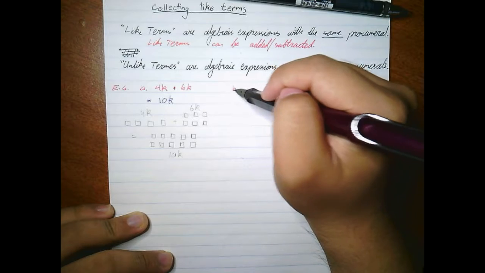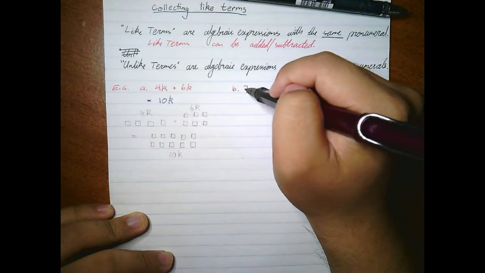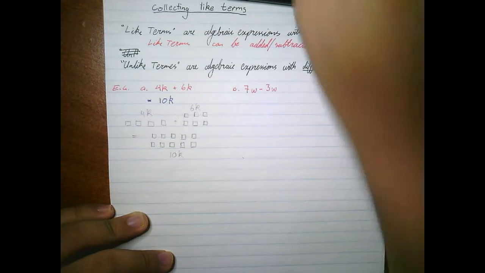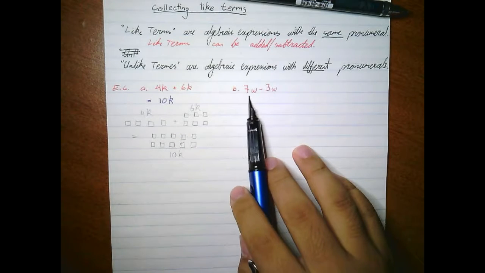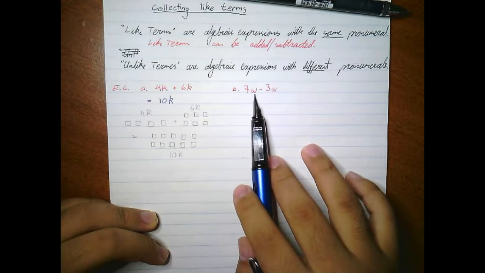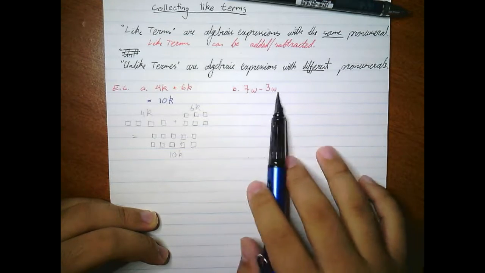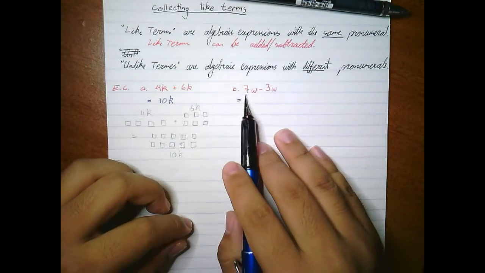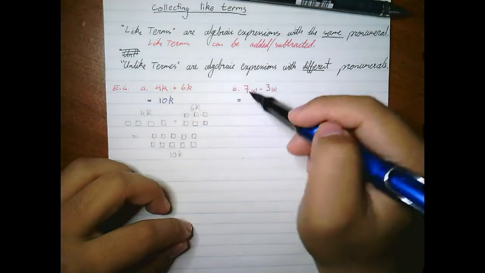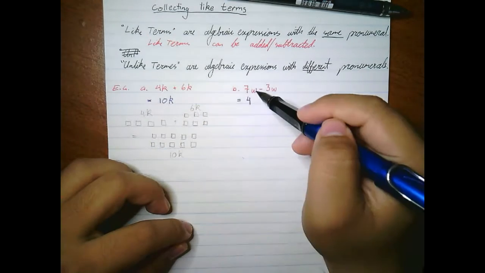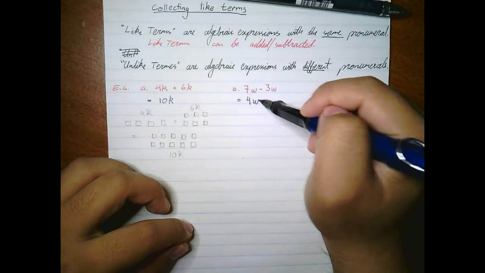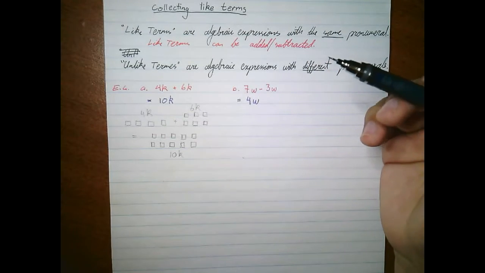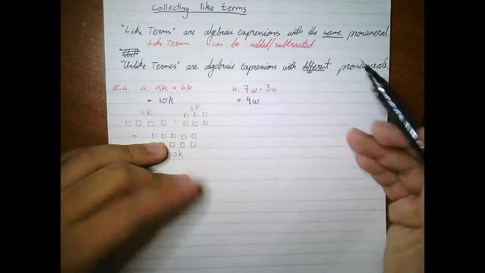Example B: 7w minus 3w. This is the same letter, the same pronumeral, so we can collect like terms. It's 7 minus 3, which is 4, and the letters stay the same: 4w. To visualize this, think of w as a bucket.